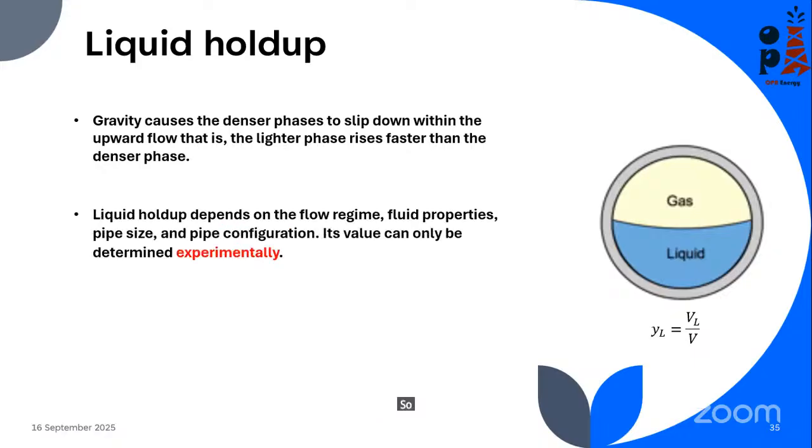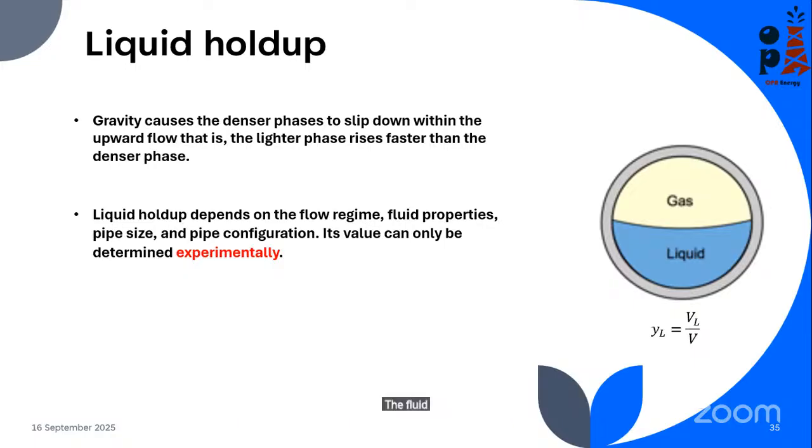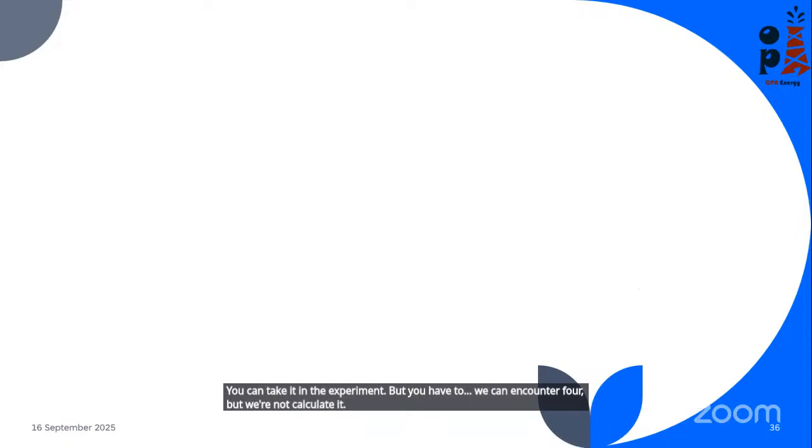So you have to understand that the distribution of the liquid and gas is not the same during the flow through your media. It should be understood and accounted for in your calculation. Liquid holdup can be determined only experimentally. You can measure it in an experiment, but we cannot calculate it exactly.